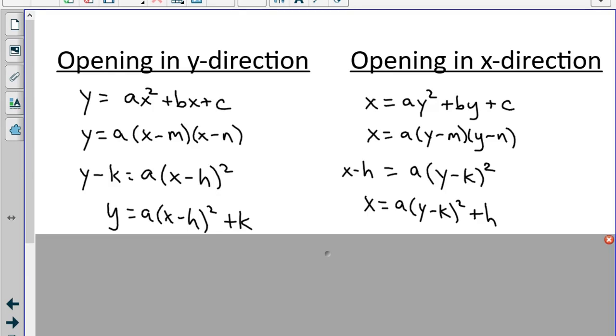So this would be what we used to call standard form, and we still do call standard form. This one right here we call factored form.